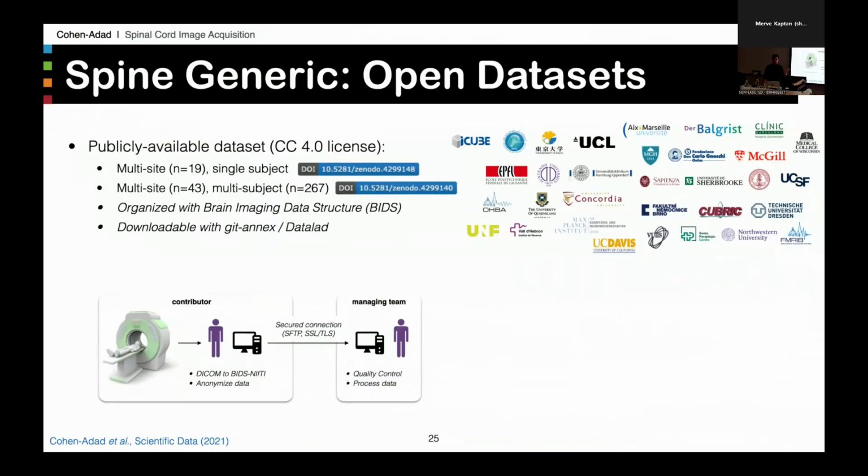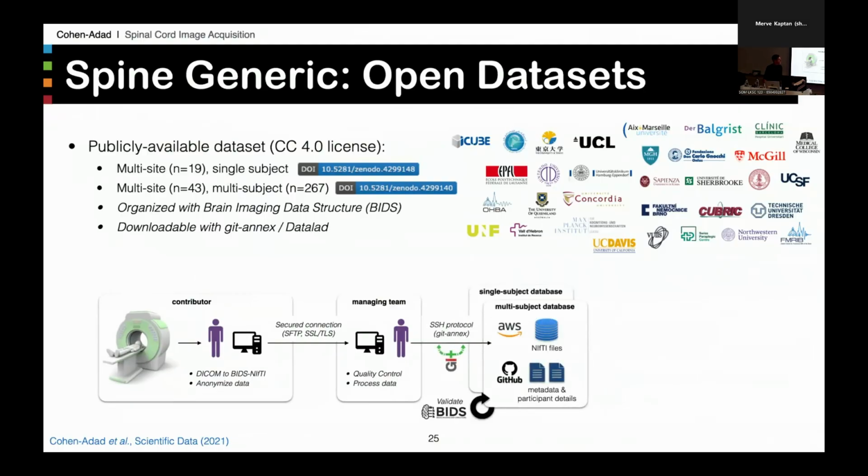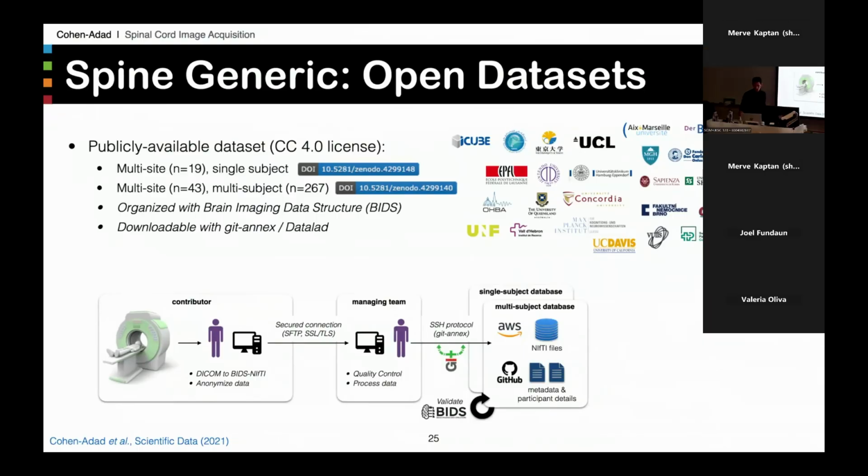So as you can imagine, there was a lot of logistics involved in terms of naming the data set, converting it, shipping it, and also versioning it using Git and Git Annex on different servers so that everybody could download this data. So this data is open access. There is multi-site single subjects, that's me, and then multiple like other subjects, 267 total.